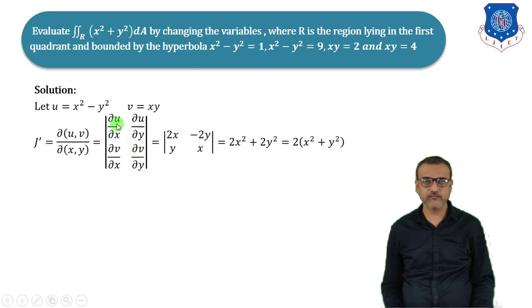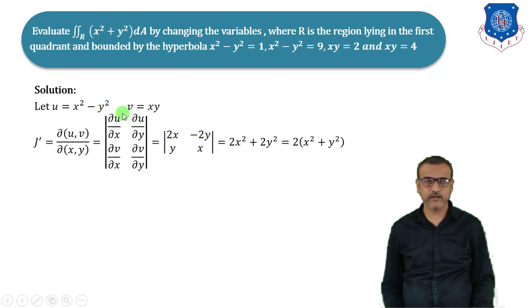Now first of all, del u by del x, that is partial derivative of u with respect to x keeping y constant. So derivative of x square is 2x and y square is 0. Then after del u by del y, partial derivative of u with respect to y keeping x square constant, so its derivative will be 0. Then after minus y square, so its derivative will be minus 2y.